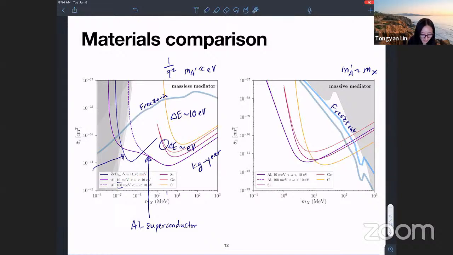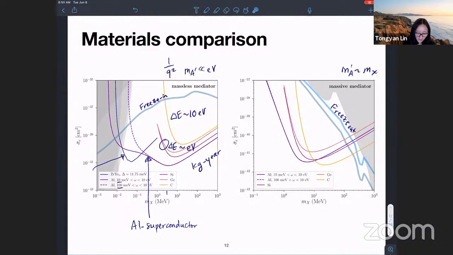Here it's about 10 meV. So there are a bunch of existing experiments already with these kinds of energy thresholds. And then in the future, we can explore more novel materials and get to this dark matter mass range.